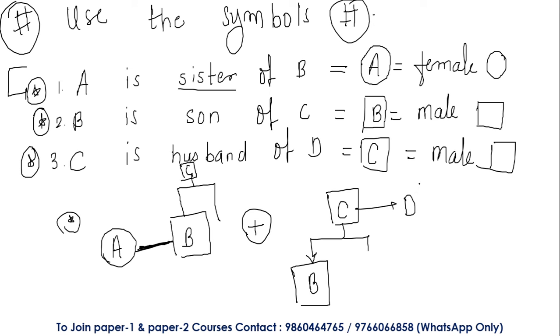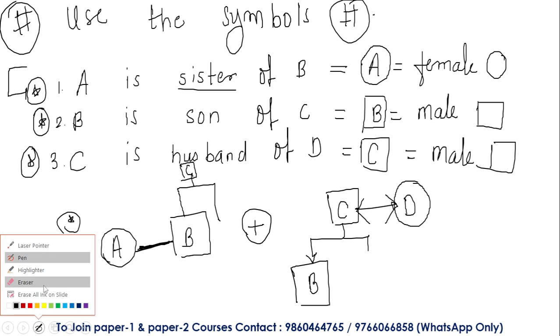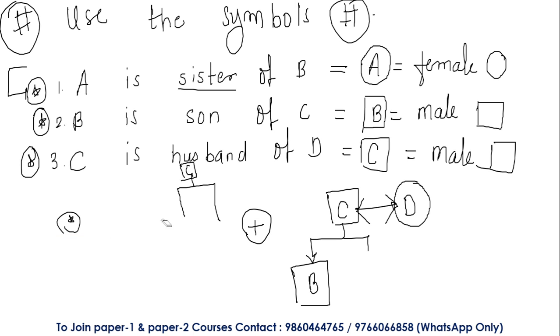And if it is a female character, we use a circular shape. C and D are a married couple, hence I am going to use a double-headed arrow between them. If I club all these diagrams together, I'll get a diagram like this. I'll just draw it properly over here. Look at the diagram.